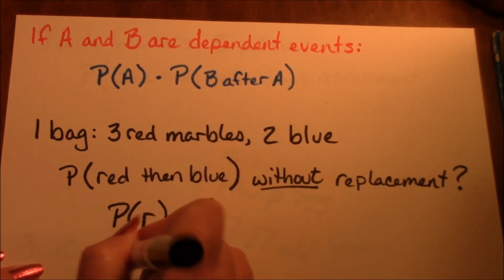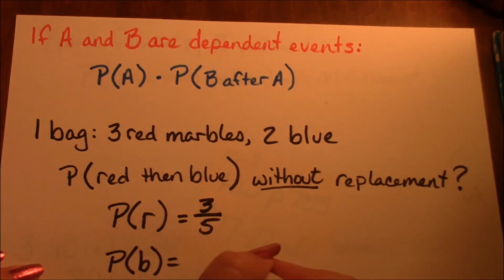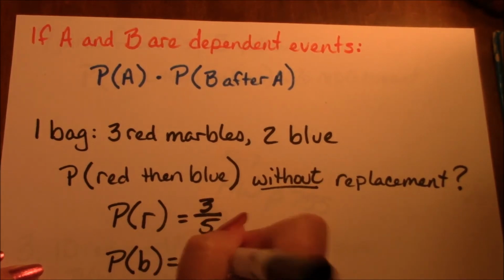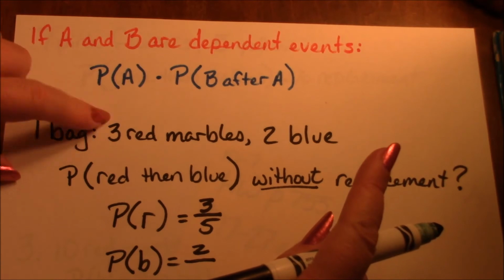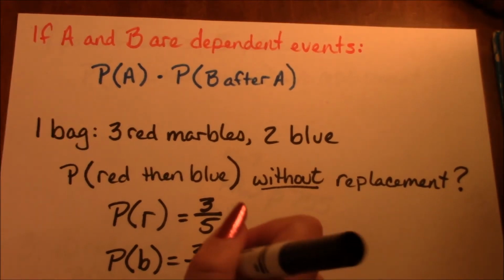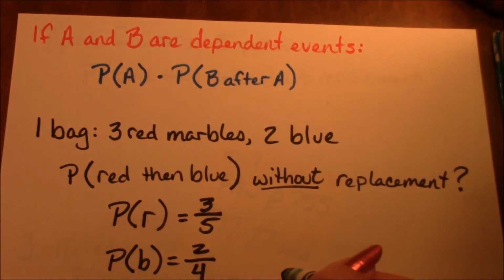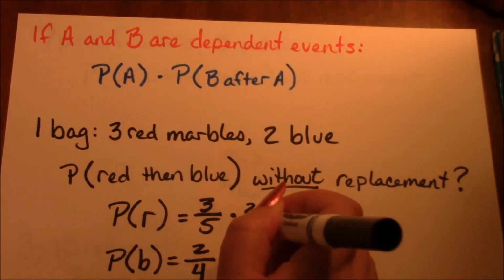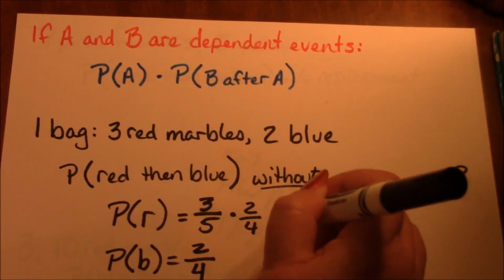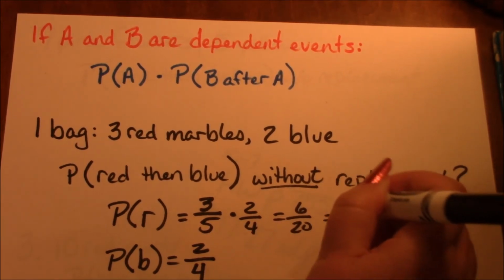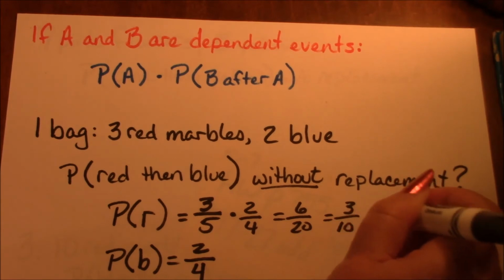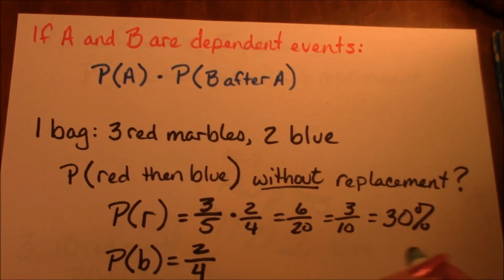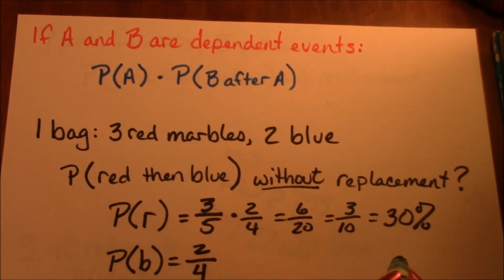And then the probability that I pull a blue is 2 blues out of, one of these is gone, so now I only have 4 marbles in that bag. So 3 over 5 times 2 over 4 is going to give me 6 over 20, which is 3 over 10, which is 30%. I have a 30% probability of pulling a red, keeping it, and then pulling a blue.